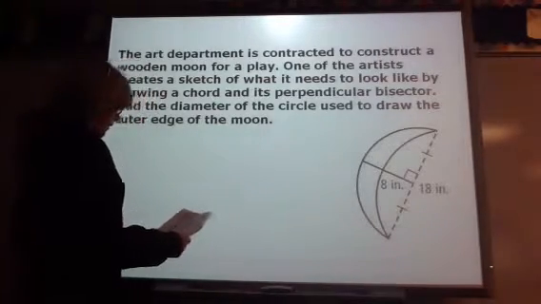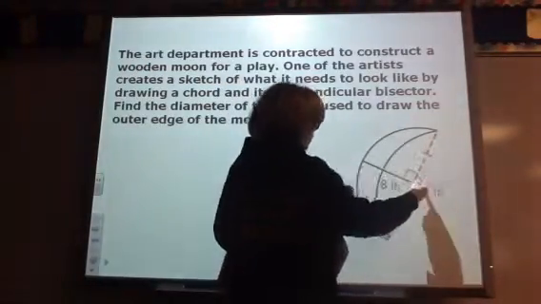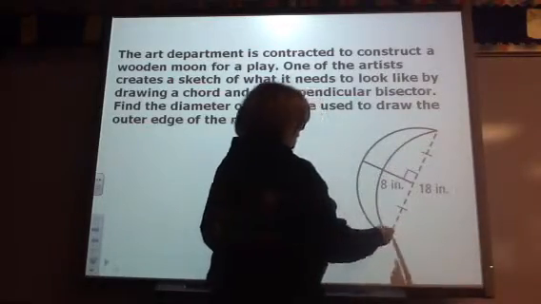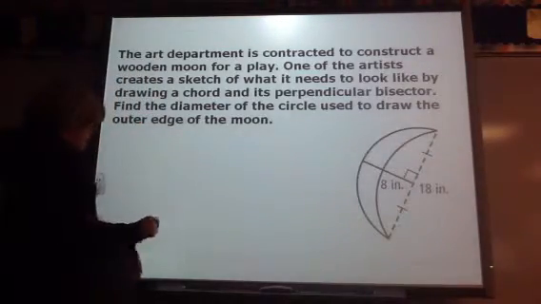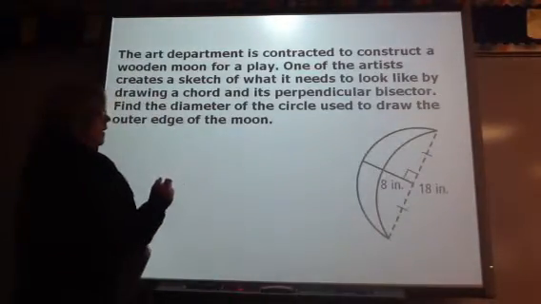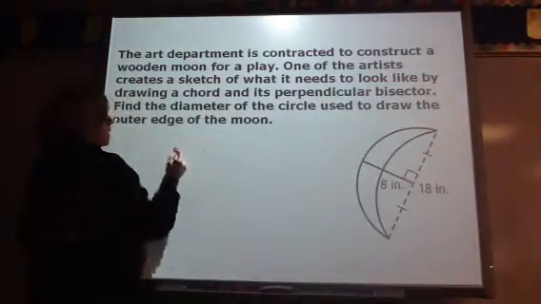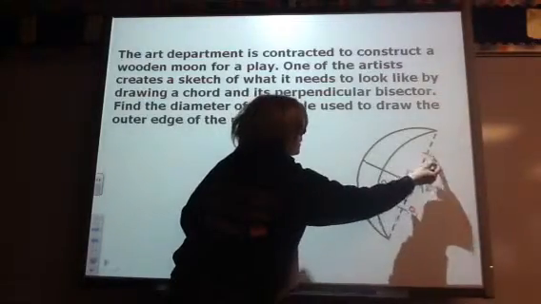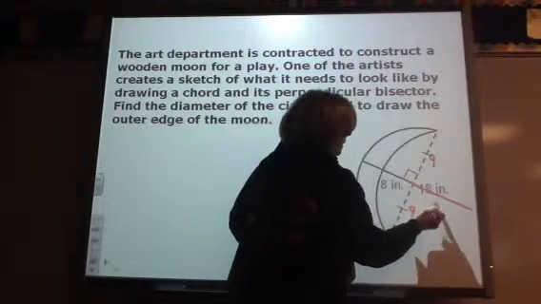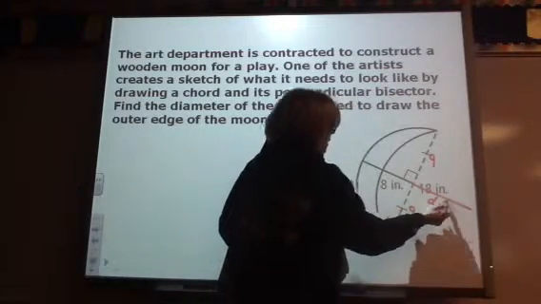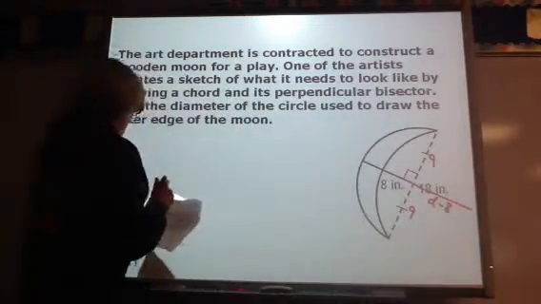So what I have here is this chord, and then I have this diameter. Because these segments are congruent, because of these marks, I can say that this is 9 and this is 9. And this segment right here that extends down, I can say is the diameter minus 8, because this is your diameter, and if we subtract this 8, we get that measurement.